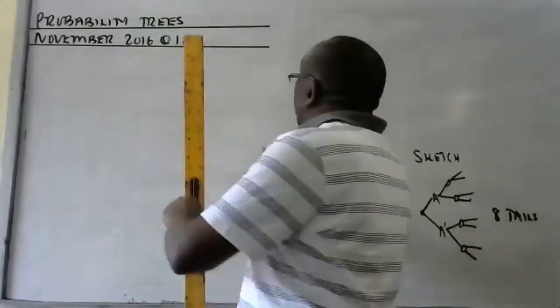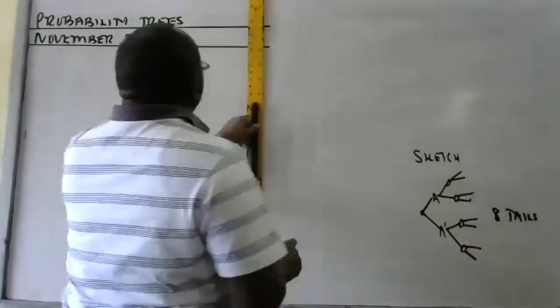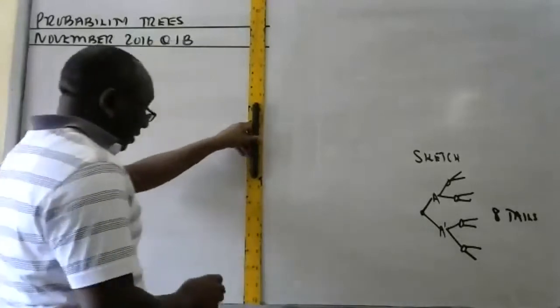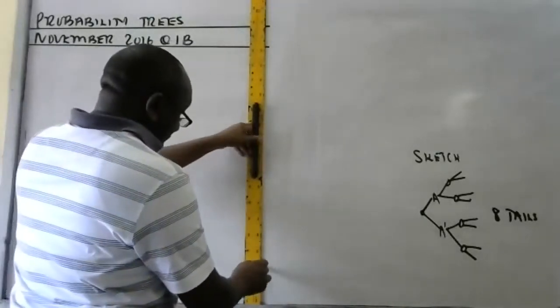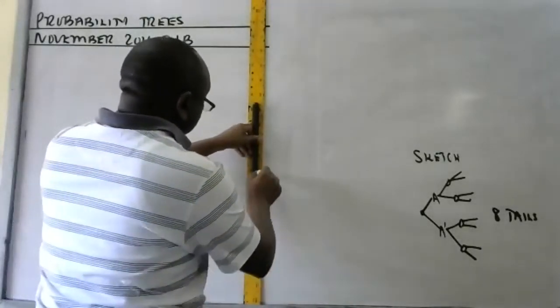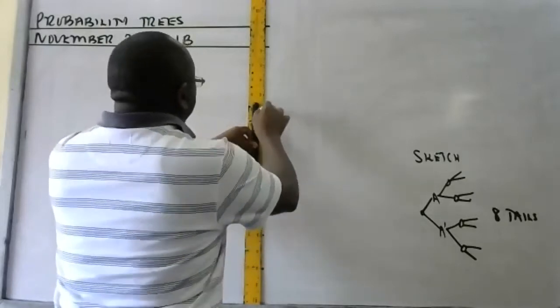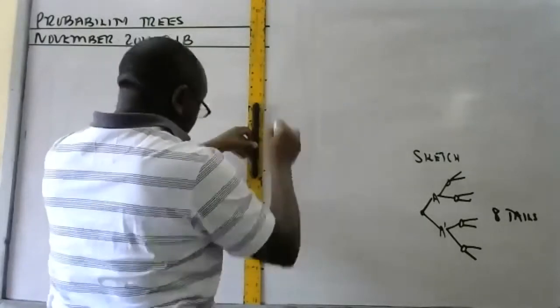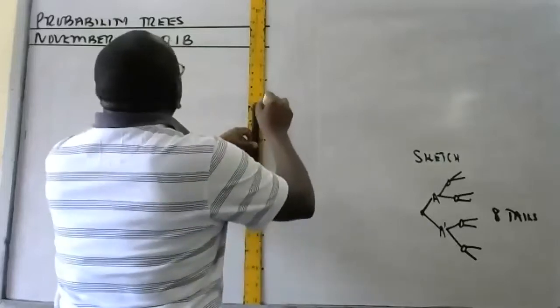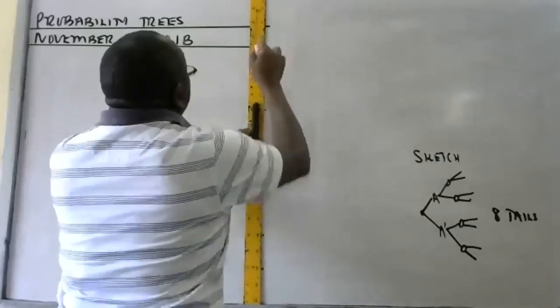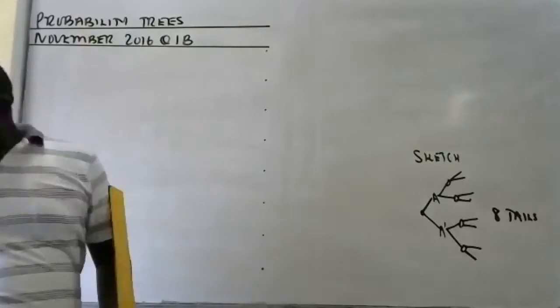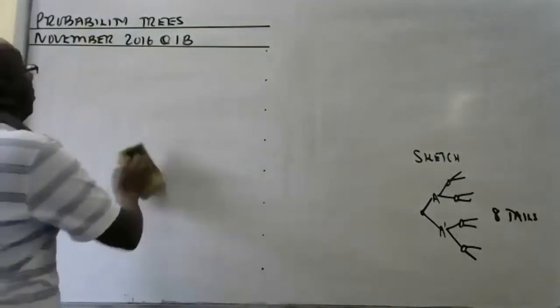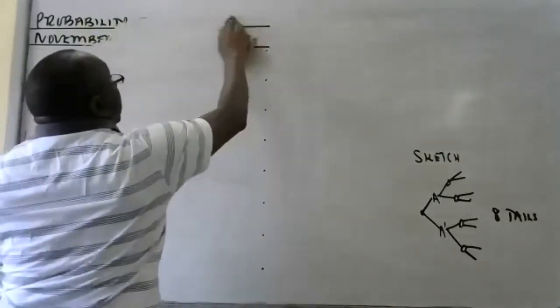So if my tree will come up to here, I now come and do 8. I'll need 8 here. So if there are 8 there, I must now do this already so that they fit.